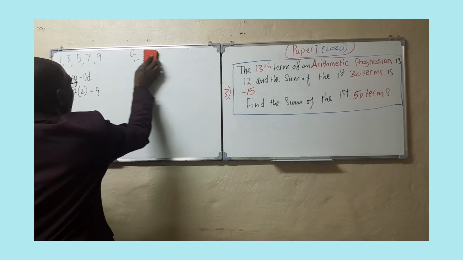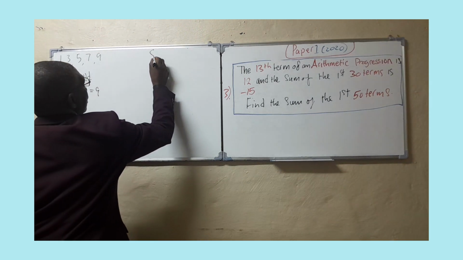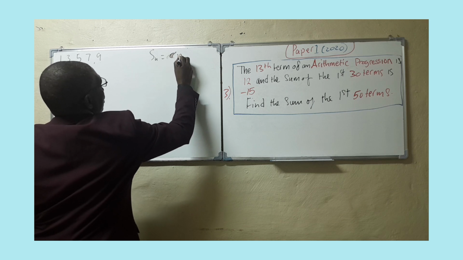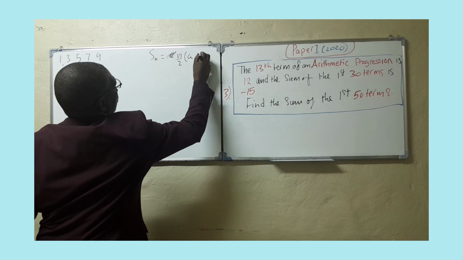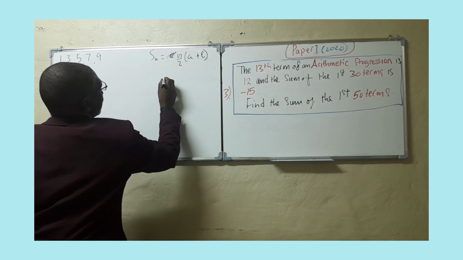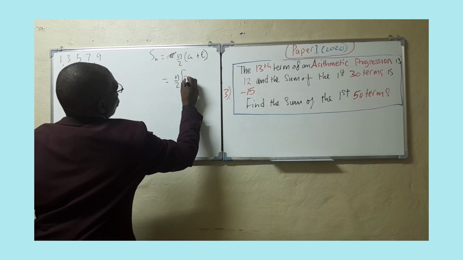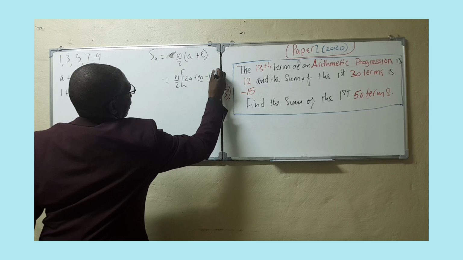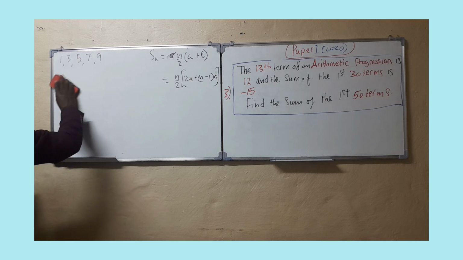So remember, we said that our sum to n terms can be n over 2 multiplied by a plus l, or it can be n over 2 big bracket 2a plus n minus 1 multiplied by d, close bracket. So those are the two formulas. We'll find out which one will do for us in this particular example.